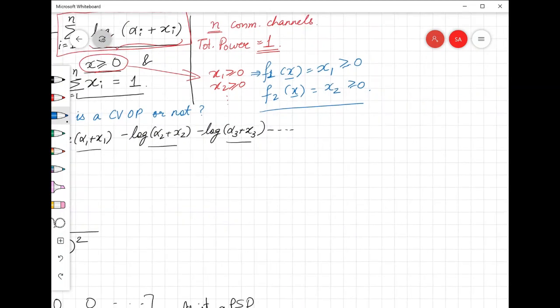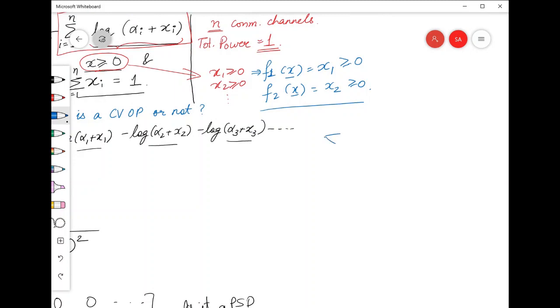If you take the Hessian of f_i(x), you are going to get a 0 matrix. You can verify this very easily.